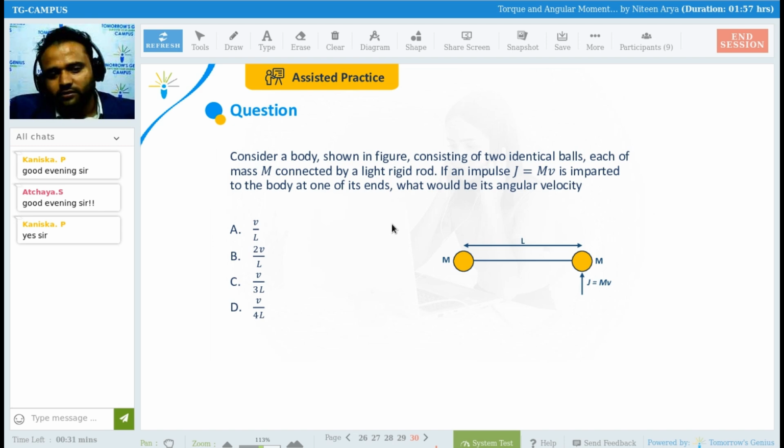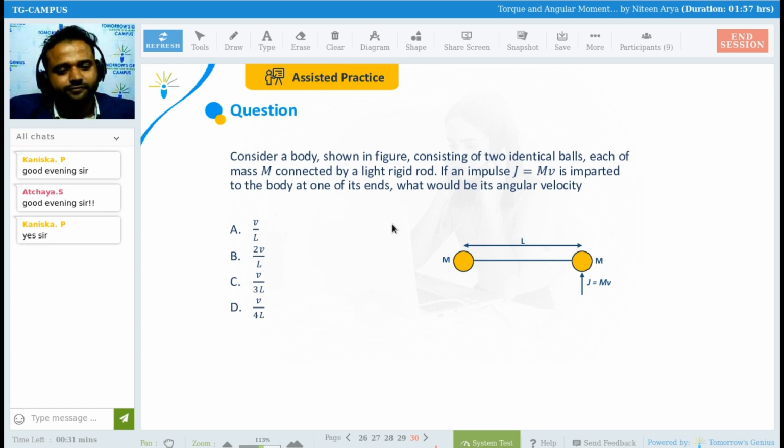So this one is your question. Consider a body shown in the figure consisting of two identical balls, each of mass m, connected by a light rigid rod. If an impulse J equals mv is imparted to the body at one of its ends, what would be its angular velocity? Everything is given.